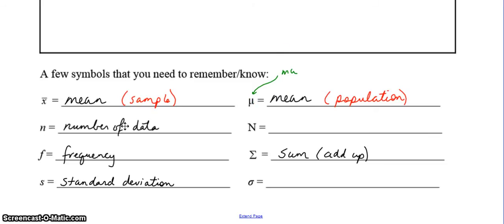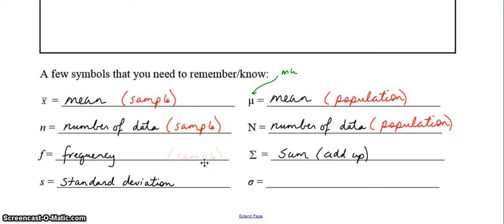Little n stood for number of data. Capital N also stands for number of data. Once again, little n would be the number of data in the sample, and capital N would be the number of data in the population. So, little s is the standard deviation in a sample.